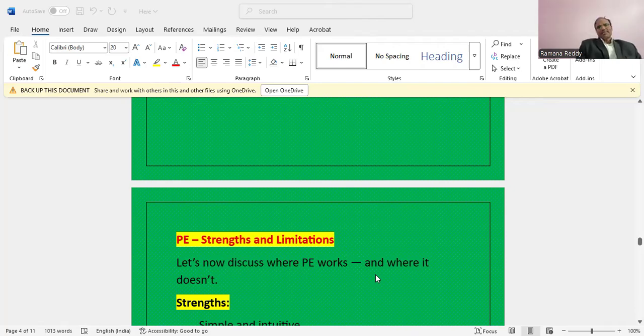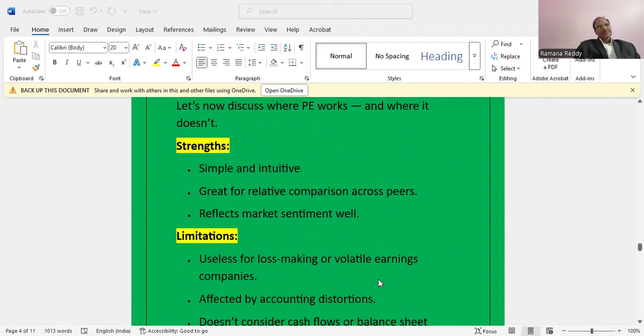Now we'll see PE strengths and limitations. Let's now discuss where PE works and where PE doesn't work. Strengths: it is very simple. Great for relative comparison across the peers. Reflects market sentiment very well.